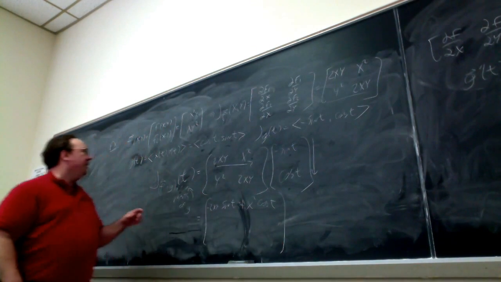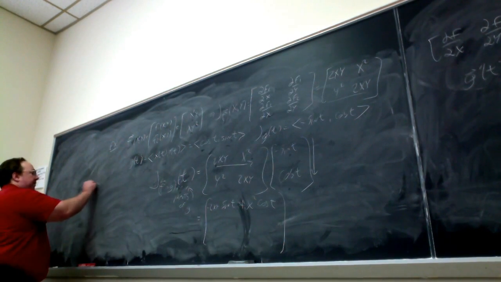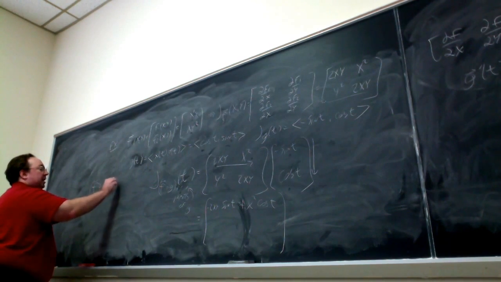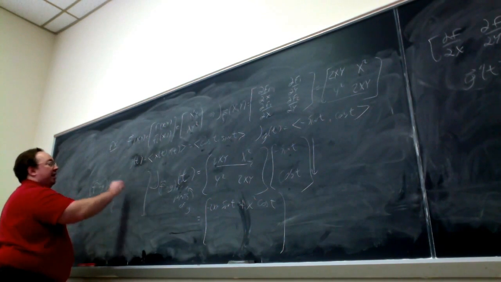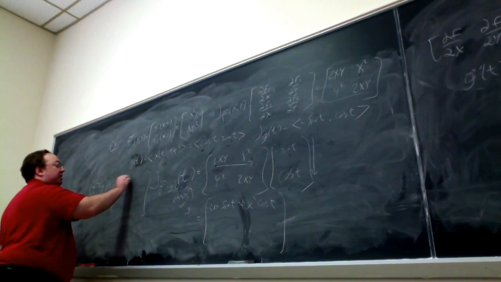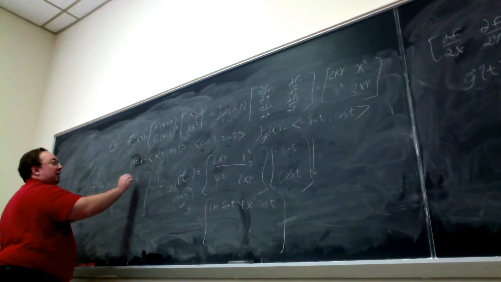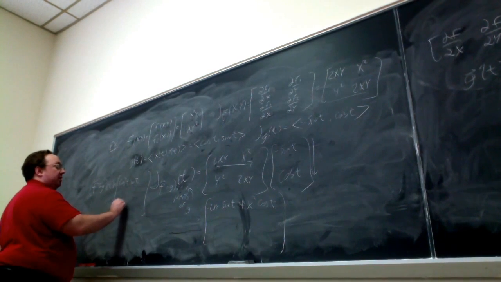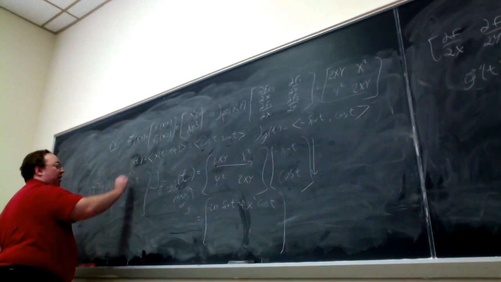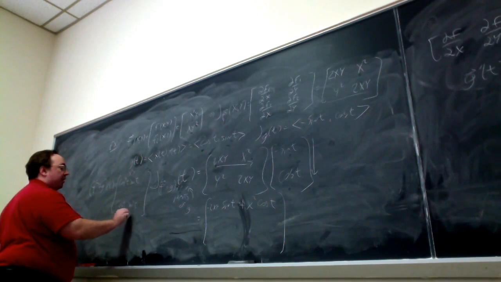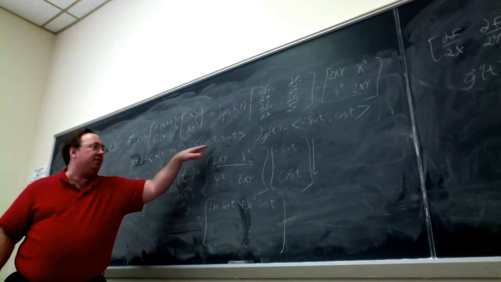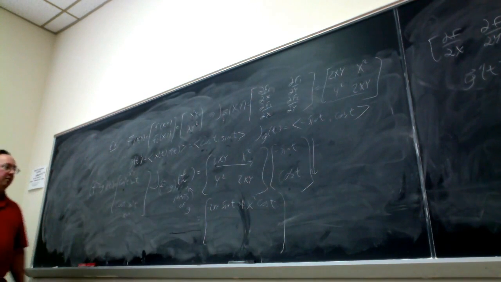Because f of g is going to have two components, we have cosine squared t sine t, and then cosine t sine squared t, because this is x squared y and this is xy squared. I'm just filling in cosine t and sine t for x and y, respectively.